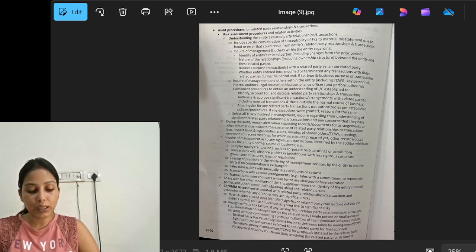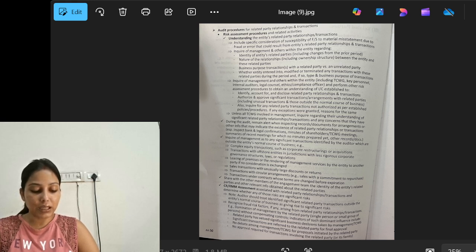Inquire of management and others within the entity regarding the identity of the entity's related parties, the nature of the relationships, the business purpose of transactions, and whether the entity entered into, modified, or terminated any transactions with related parties during the period.